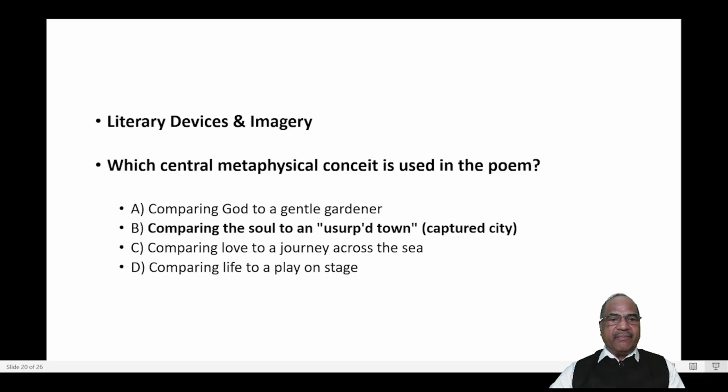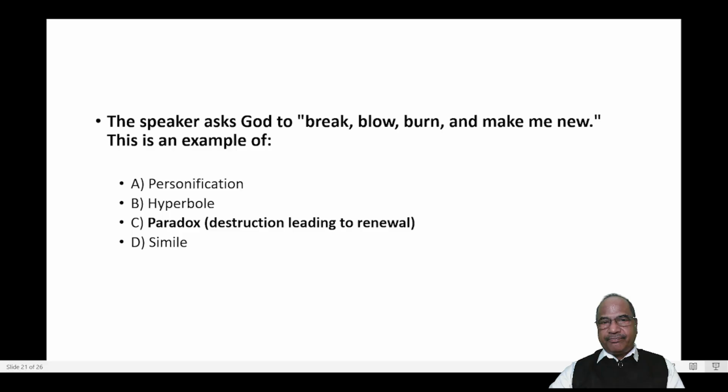We know pretty well that it is comparing the soul to an usurped town. Actually, comparing a soul to a captured city is a metaphysical conceit. That means an extended metaphor is used, not a regular metaphor, but an irregular comparison.